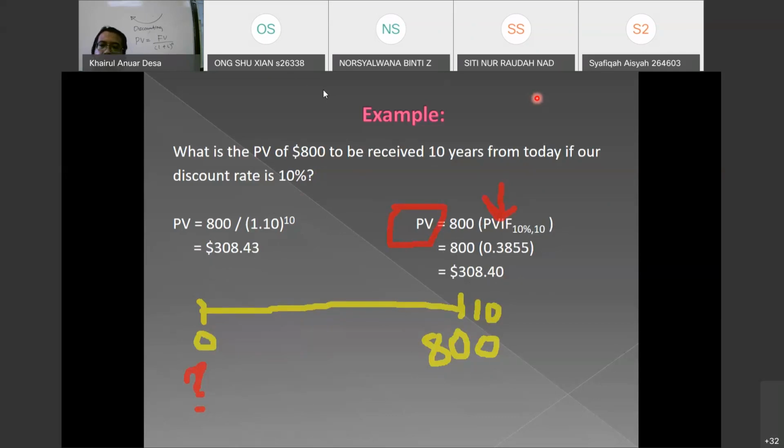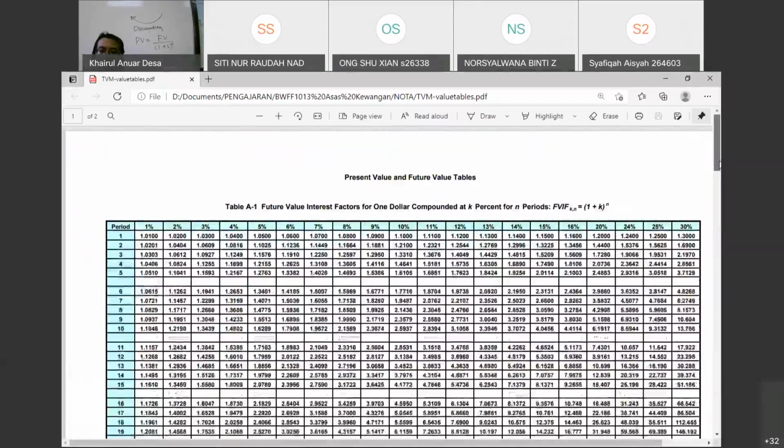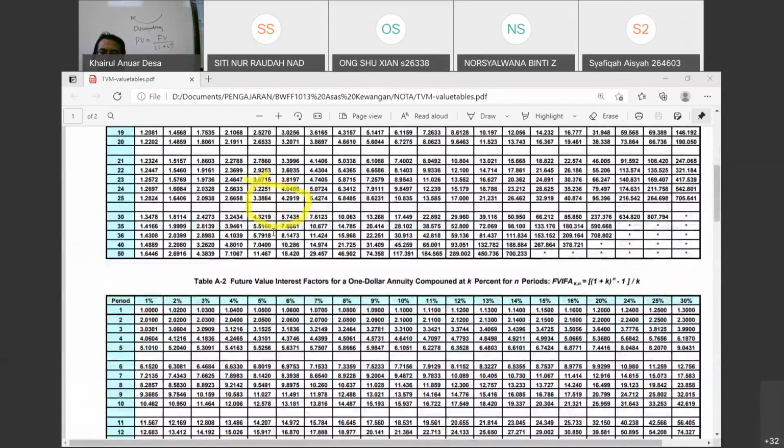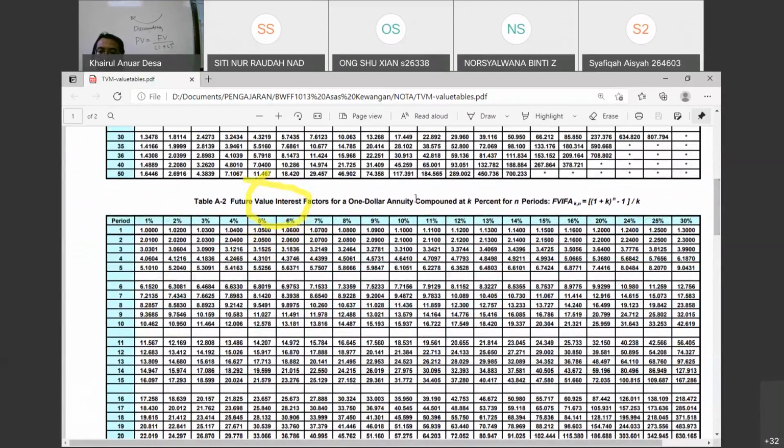Okay, jom kita tengok table. Table ini adalah future value. This is the future value table. Kemudian table ini di bawahnya ada lagi, di sini adalah future value interest factor annuity.